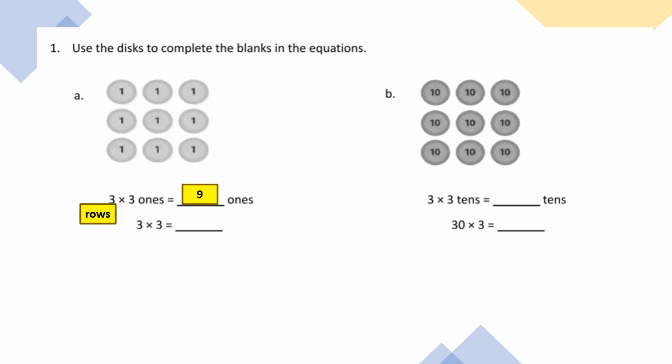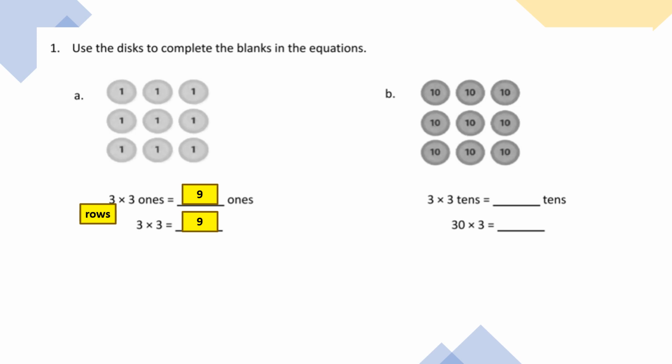We have 9 ones. Then we're going to solve the equation underneath, where it says 3 times 3. Well, what's 3 times 3? 9. That's all we have to do for A.